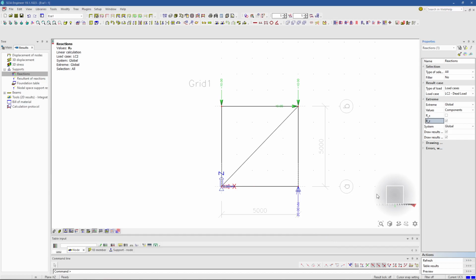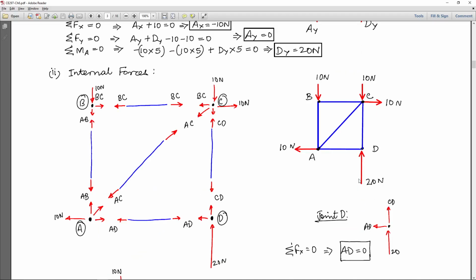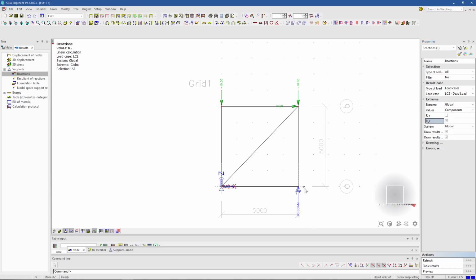So checking our reactions, we'll see that our program is right in its calculation.